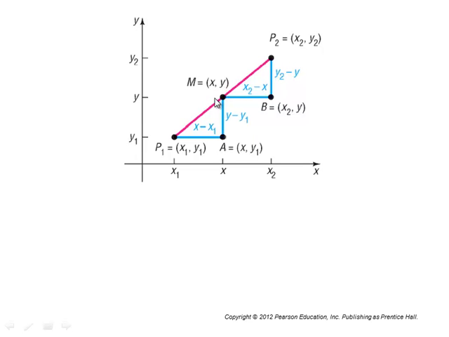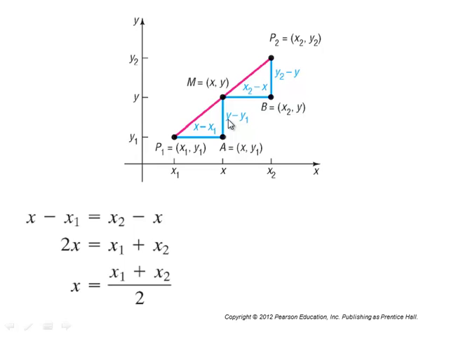So in order for this point to be exactly midway between P1 and P2, we need for the x-coordinate to be the average of the x-coordinates of P1 and P2. And likewise, we need the y-coordinate of M to be the average of y1 and y2.